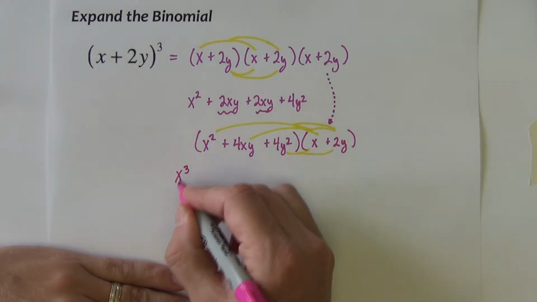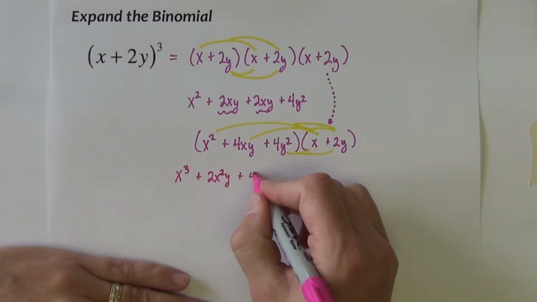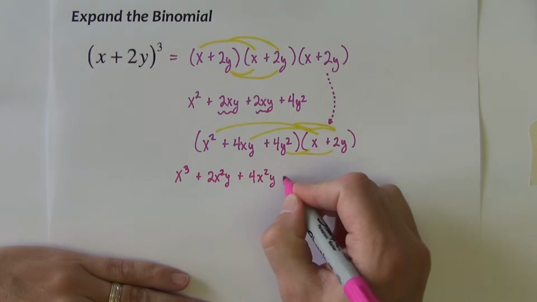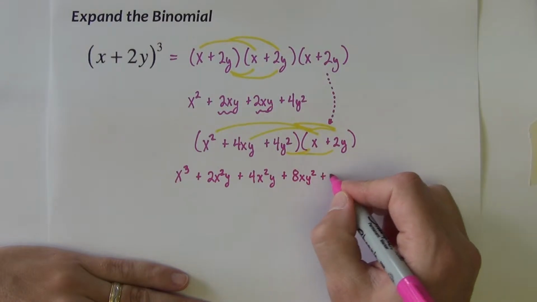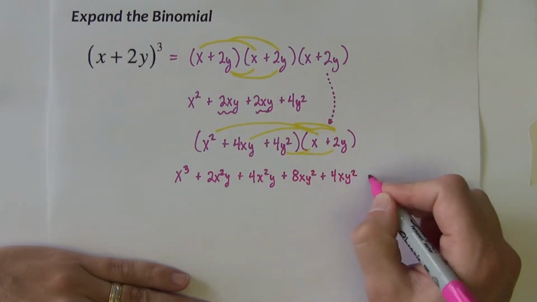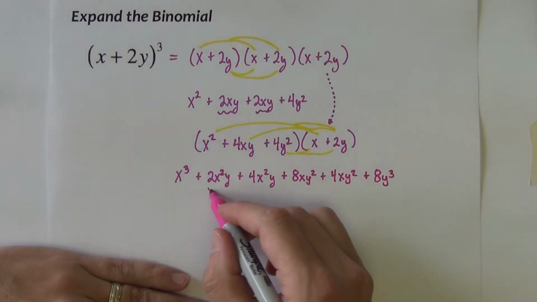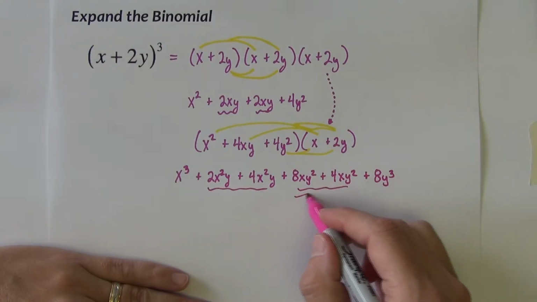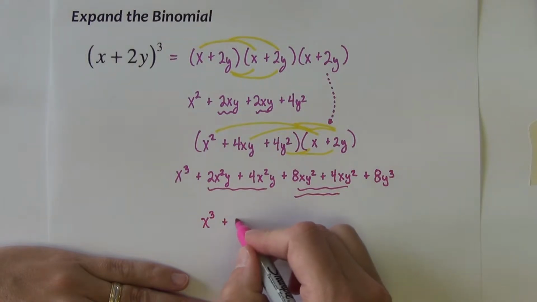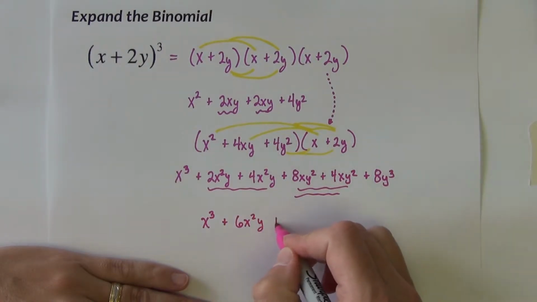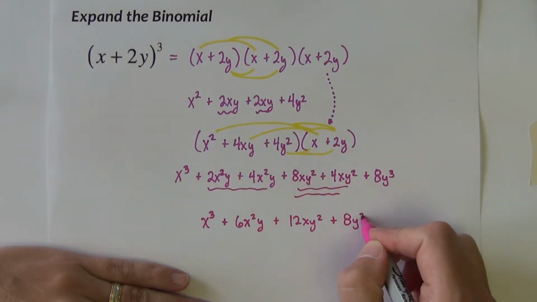We get x to the third plus 2x squared y plus 4x squared y plus 8xy squared plus 4xy squared plus 8y cubed. I have some like terms here, and I have some like terms here. So combining those, we get x to the third plus 6x squared y plus 12xy squared plus 8y cubed.